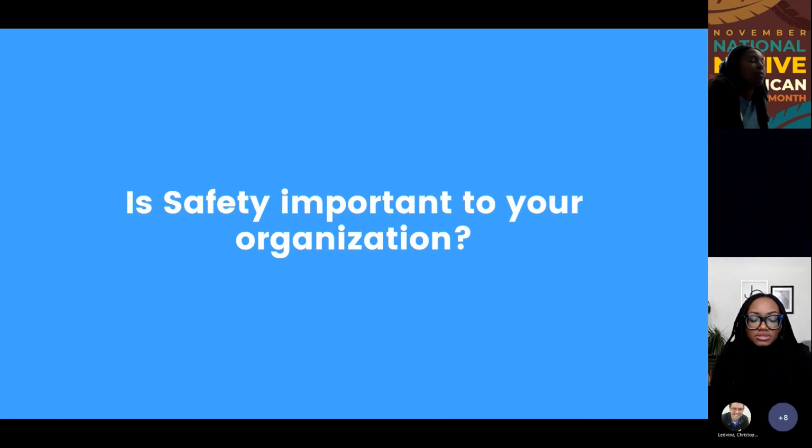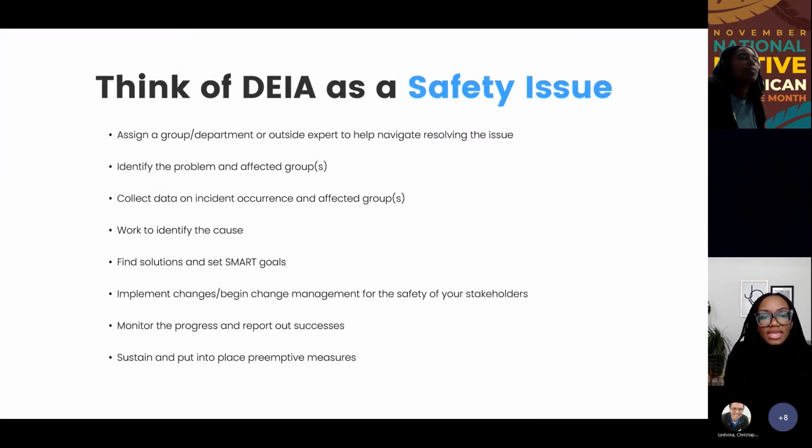Organizations put into place precautions to ensure that the community and the organization's workforce are safe, right? And so, when we look at DEIA as a safety issue, then that really makes it easier for us to break down what it is that we need to approach it.